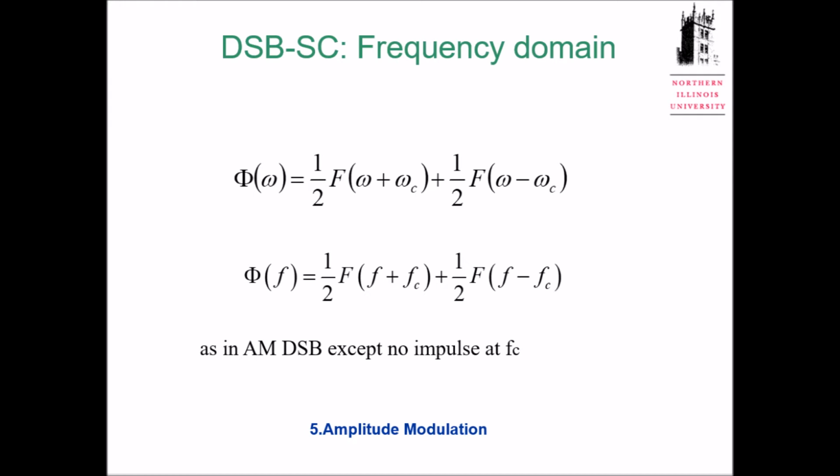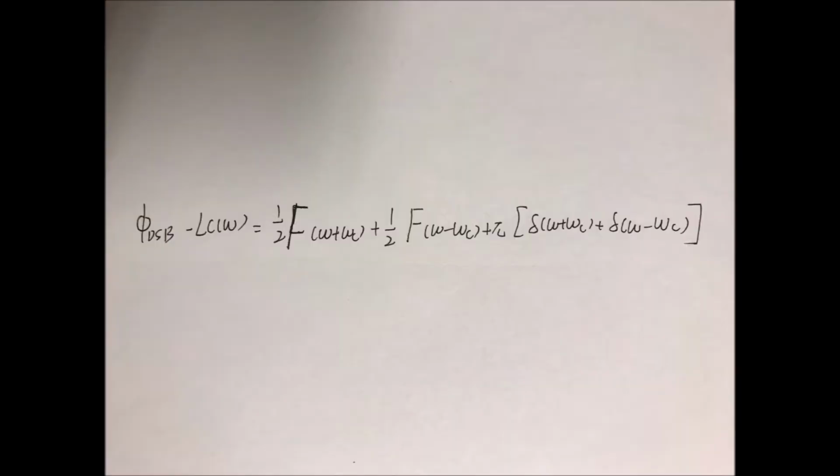Compared with the previous double sideband large carrier, where we have two impulses for the large carrier, for double sideband suppressed carrier there are no impulses anymore.